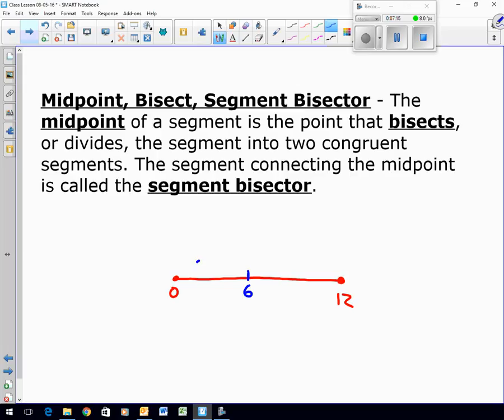I got 6 units here. Okay, how many units are there from 6 to 12? 7, 8, 9, 10, 11, 12. 6 units. Okay, I've just defined for you a lot of this. The midpoint is 6, right? It has split that total length of 12 into 2 congruent segments. 6 units and 6 units.